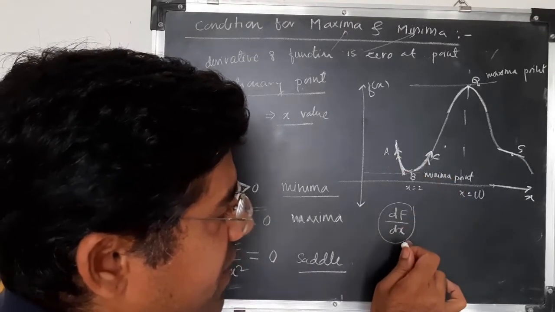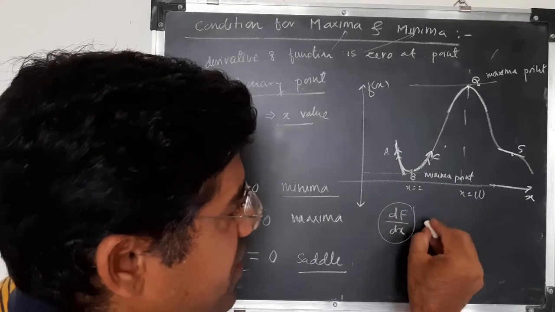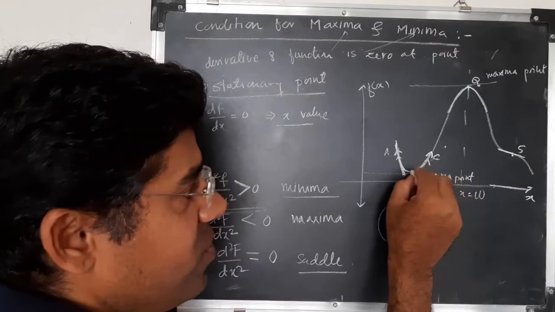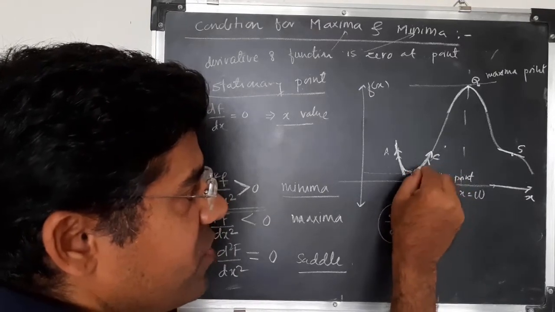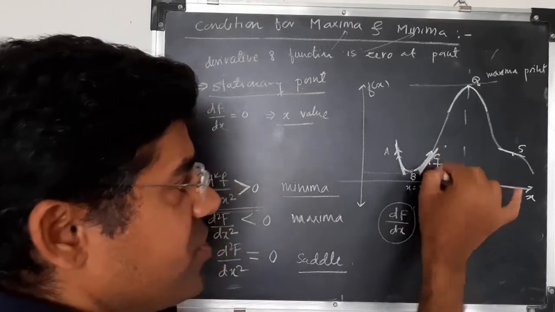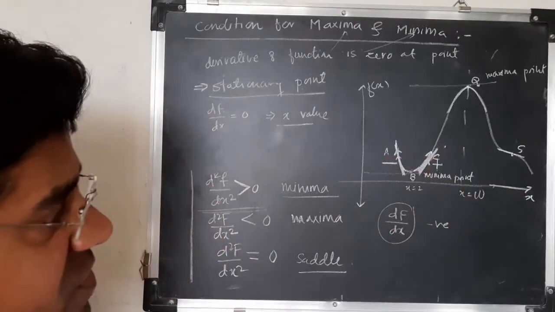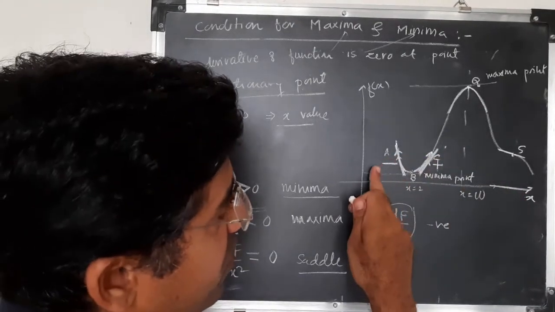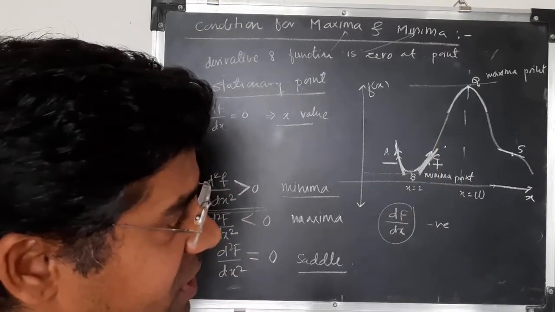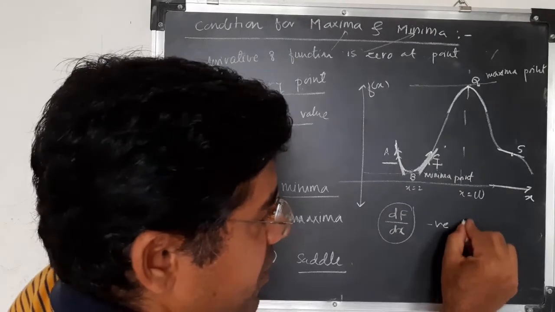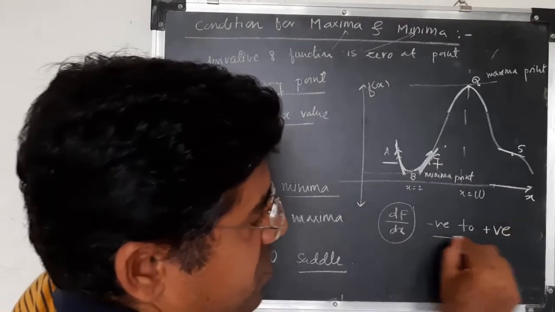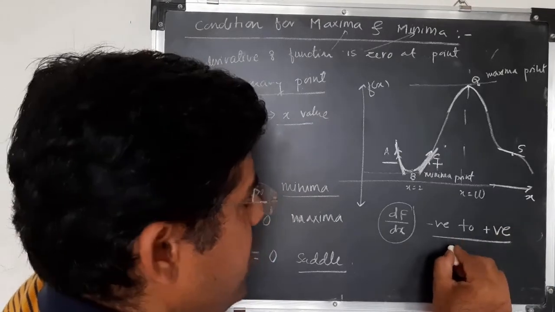In this case, it is negative. I know the slope here is 0. In this case, the slope is positive. Here it is negative. So you are going from negative to positive. Then your point is a minima.